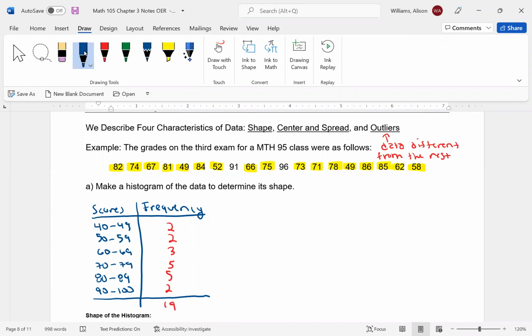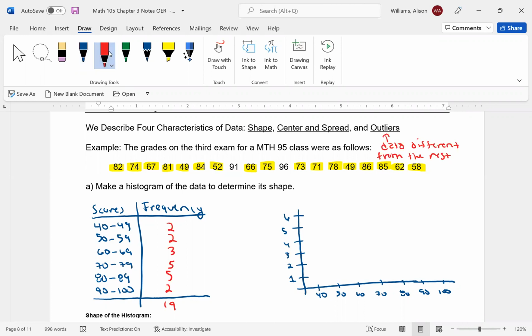So I'm going to draw this. Now, I'm after the shape of the histogram. So I'm kind of looking at what's going on when I examine this shape. So 40, 50, 60, 70, 80, 90, 100. Okay. And I'll go by ones. 1, 2, 3, 4, 5. I'll just throw 6 in there since I have enough space for it, even though I don't need it. All right.